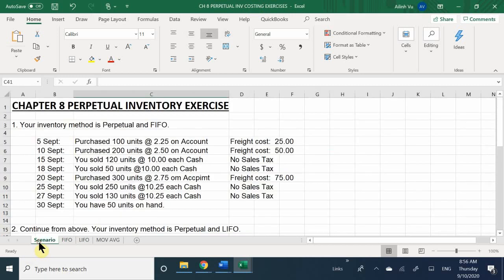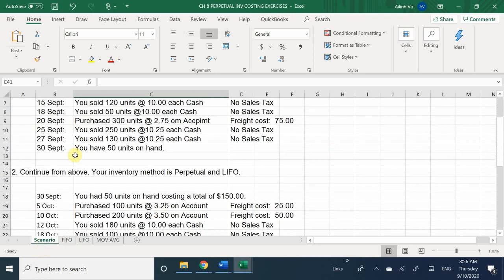Now let's go ahead and see what happened next for this particular question. Number 2, continue from above: your inventory method is now perpetual and it's LIFO. Again, in real life, this would never happen. If you're going to be continuing your inventory, you're going to be consistent.